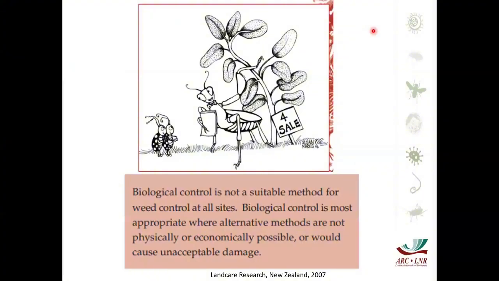So biological control is not a suitable method for weed control at all sites, but it is the most appropriate where alternative methods are just not physically or economically possible, or where they would cause unacceptable damage. Those are many areas certainly in South Africa and many countries where people just don't have sufficient resources, or the weed is so extensive that methods such as biological control need to be implemented.